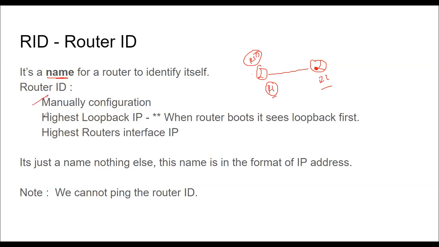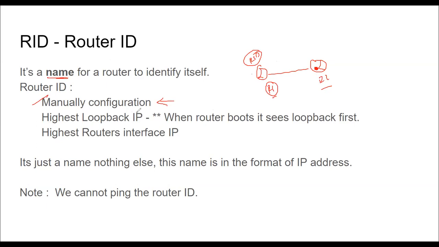So there are three main ways of configuring or finding the router ID. First one is you can configure manually. Simple, just type router ID and the IP address. Then if you don't configure the router ID manually, in that case, highest loopback IP will become the router ID.